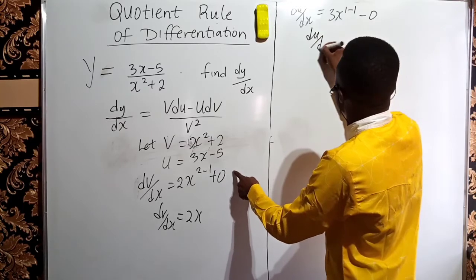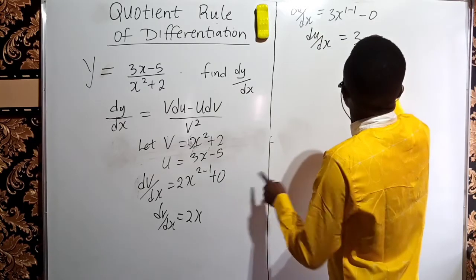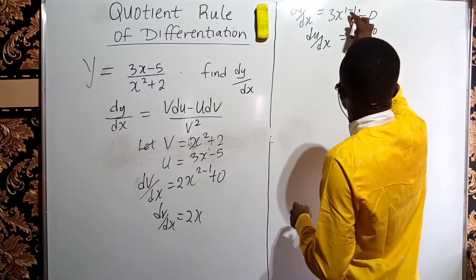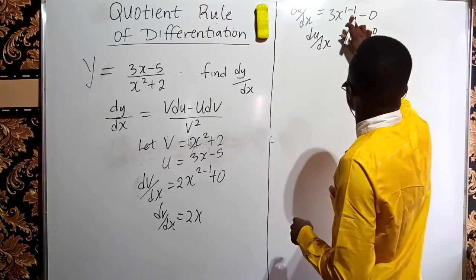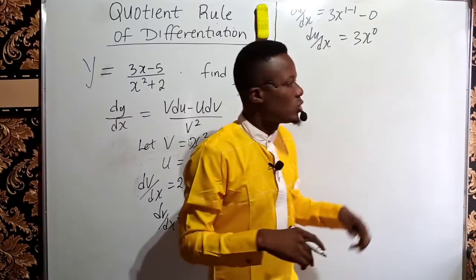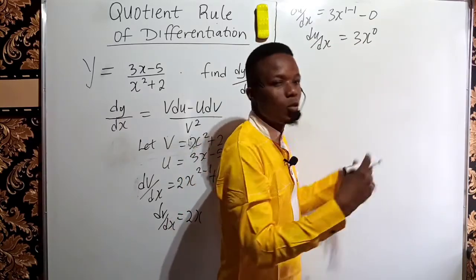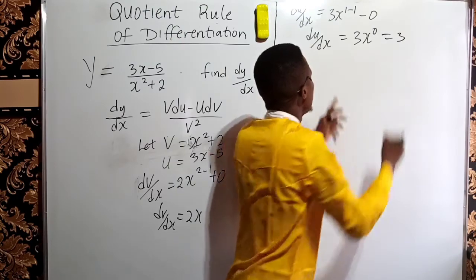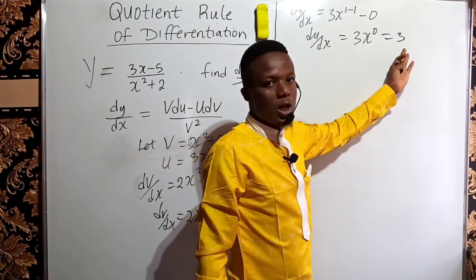Therefore, du/dx will give me 3x to the power of 0, and anything to the power of 0, according to the laws of indices, is 1. So 3 times 1 gives me 3. So my du is 3.